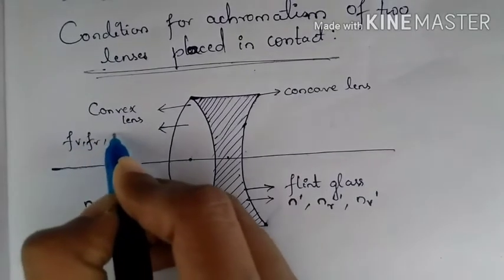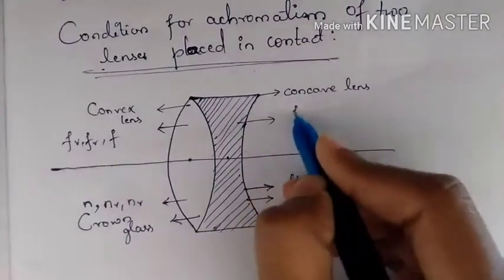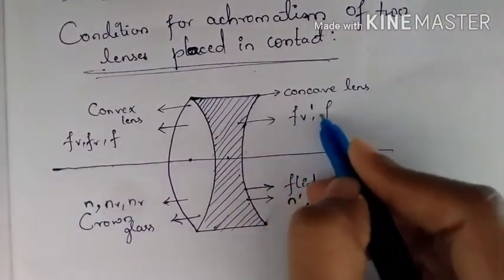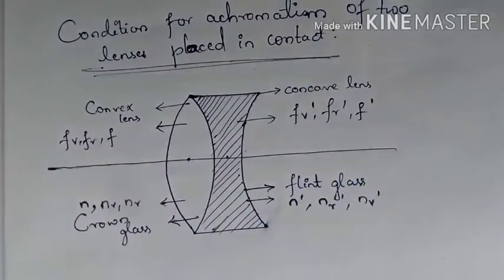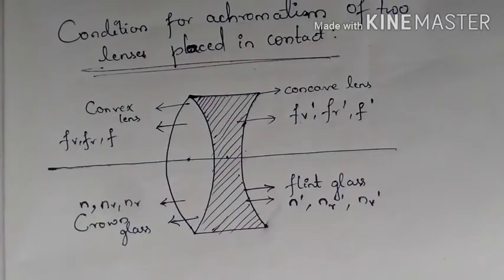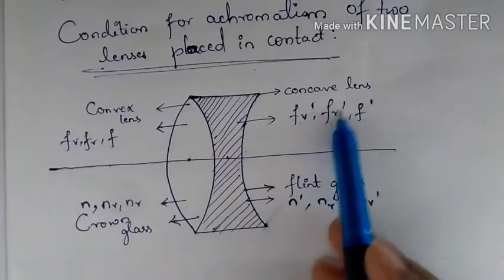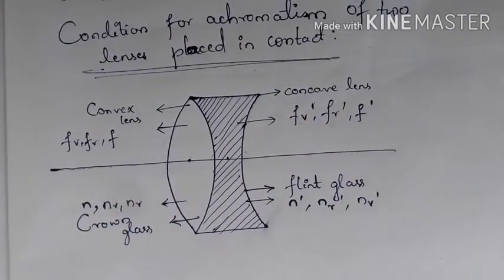Let fv, fr and f be the focal lengths of violet, red and mean rays for the convex lens, whereas here you have fv prime, fr prime and f prime. So the prime quantities fv prime, fr prime and f prime are for the concave lens, not for the convex lens.